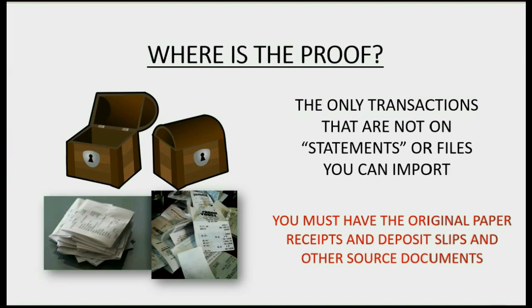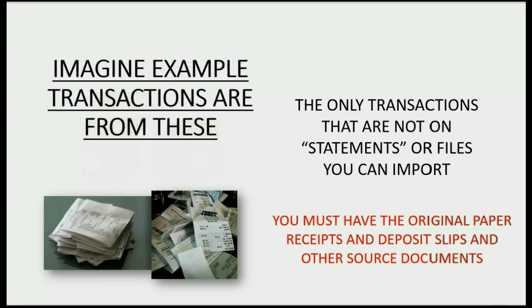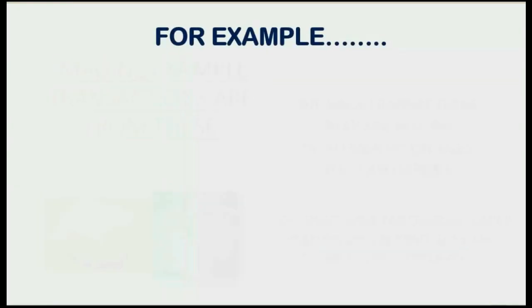And you have to keep them in a safe place the same way that you keep the cash in a safe place, because they're the only proof of a cash transaction. And when we do our example transactions, you just have to imagine that we're reading it off these paper receipts rather than reading it off the screen.